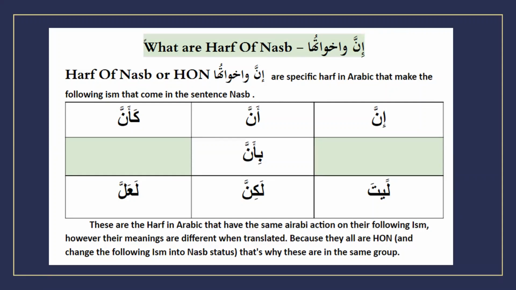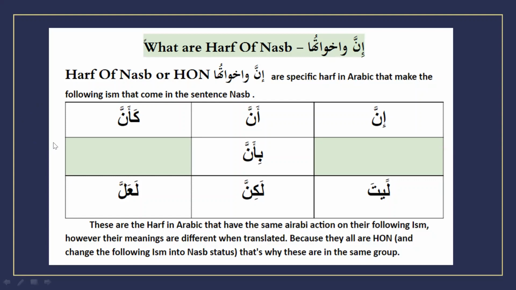So that's why it is inna and her sisters. Harf of nasb are specific harf in Arabic that make the following ism in the sentence nasb. So the following ism becomes mansoob, or nasb in status.